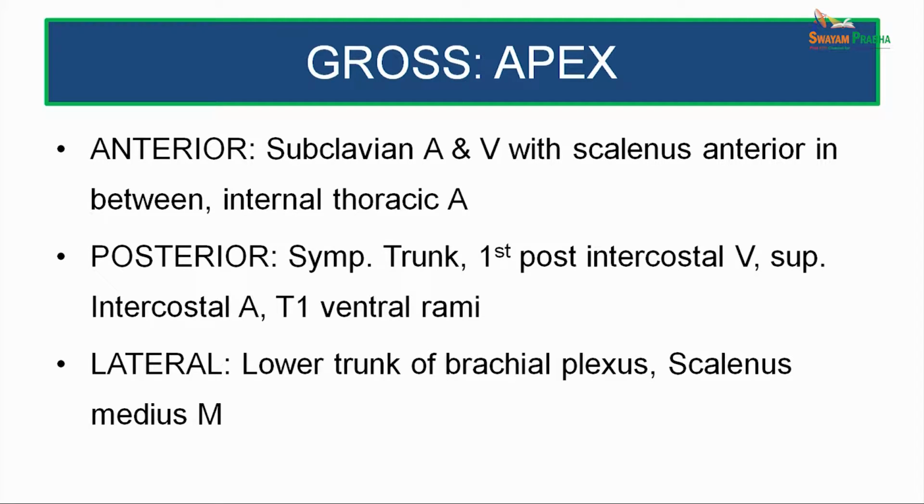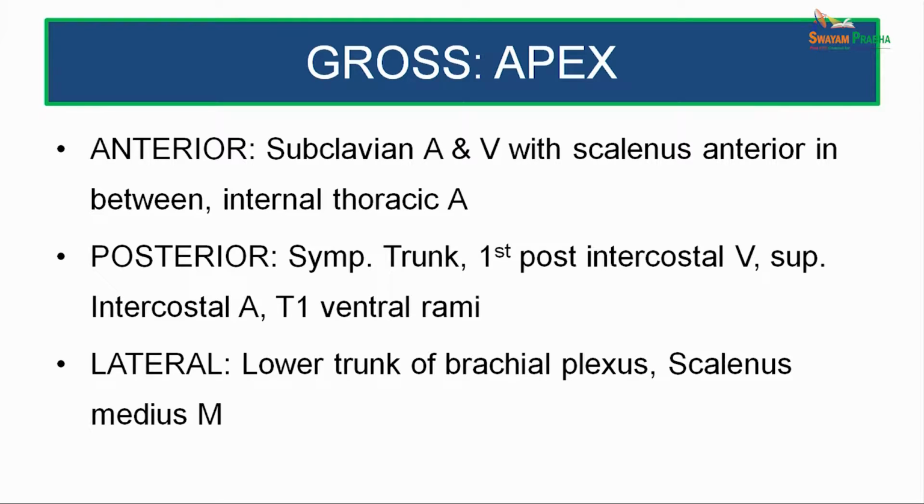There is a superior intercostal artery arising from the costocervical branch of the subclavian artery, and there is the anterior division of the ventral rami of the first thoracic nerve, that is T1, as it proceeds to join with the ventral rami of C8 to form the lower trunk of the brachial plexus.